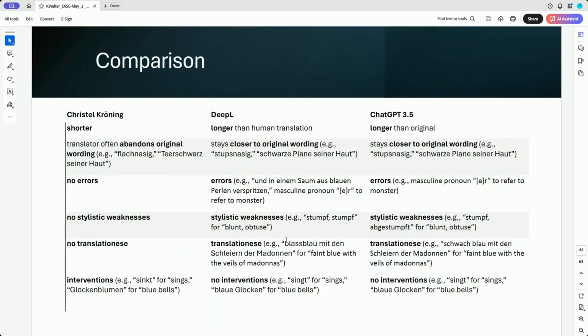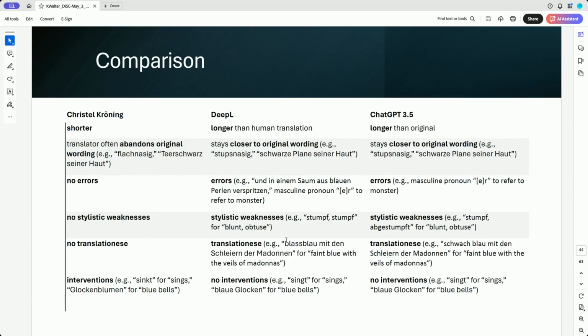So comparing the human translation and the DeepL and the ChatGPT versions, it is obvious that the human translation is significantly shorter. Now, this is not necessarily characteristic of translation processes. The human translator also more often abandons the original wording, whereas the DeepL and the ChatGPT versions are much closer to the original wording.